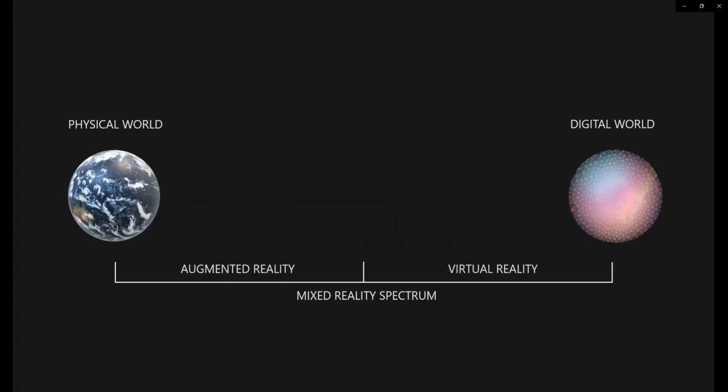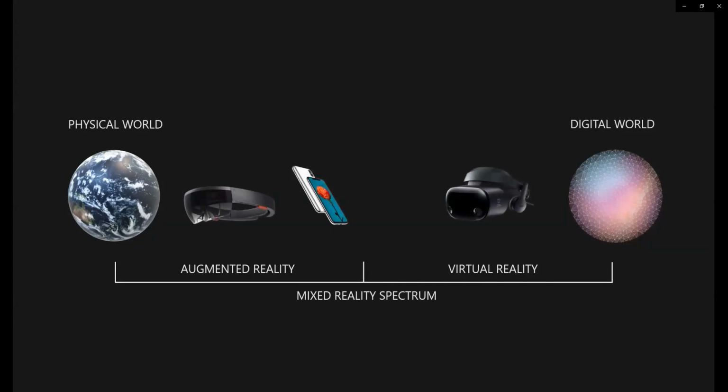From immersing ourselves in digital creative worlds to digitally enhancing our physical world, mixed reality is a spectrum that includes all of these possibilities, from augmented reality to virtual reality and everything in between. Mixed reality empowers us to break free beyond barriers.